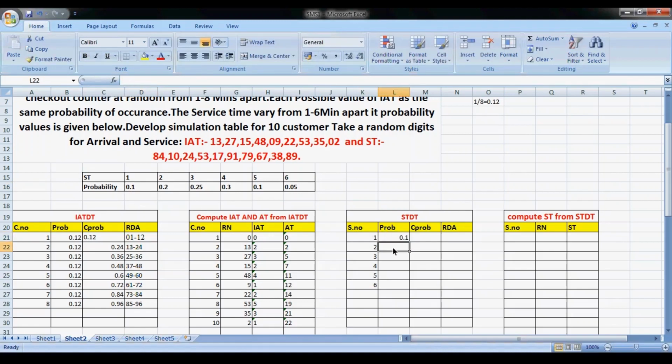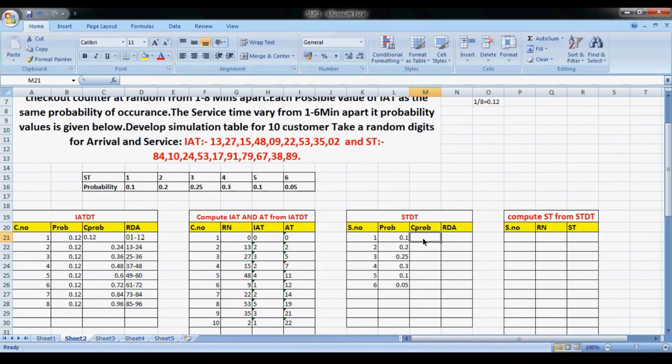For the second, the probability value is 0.2. Next, for service time 3 it is 0.25. Next one is 0.3. Next one is 0.1. Next one is 0.05. These are the data given in the question.